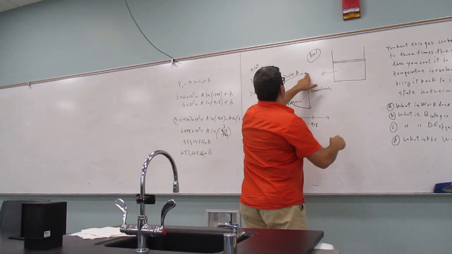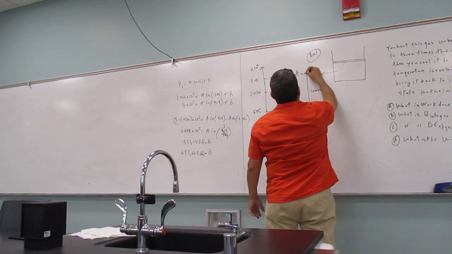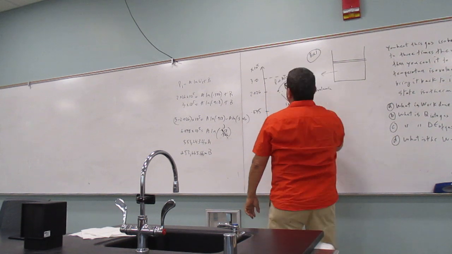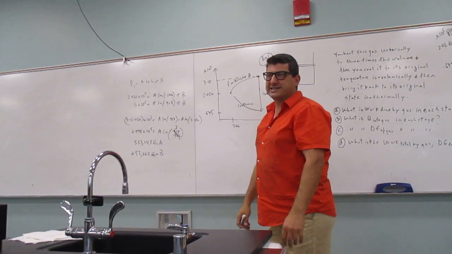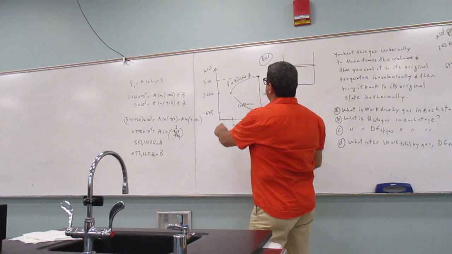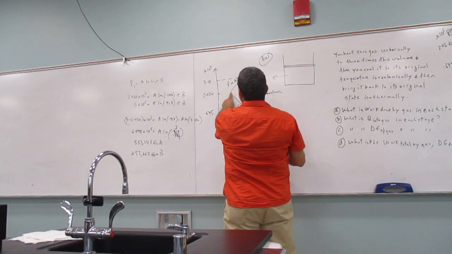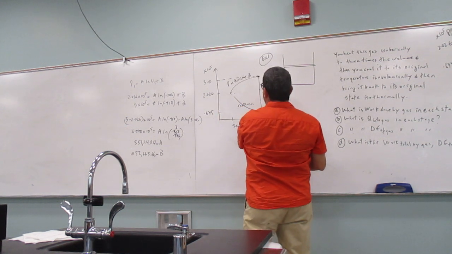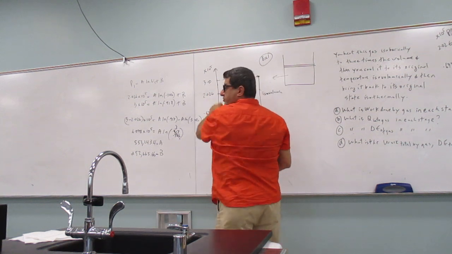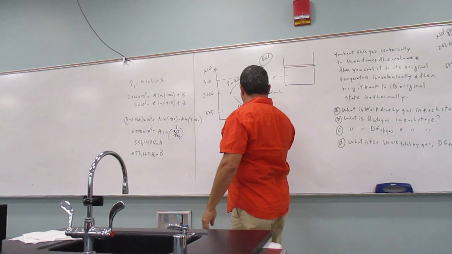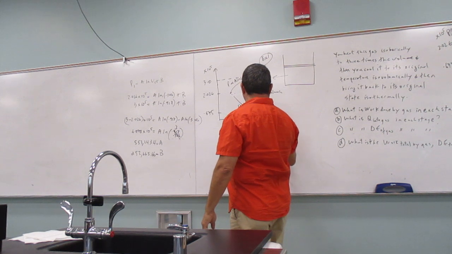Well, first we can also calculate the temperature at this stage, right? What's the temperature? Just by simply using the ideal gas law. We already know the volume and we already know the pressure, so what can we do? P2 V2 is nRT2.